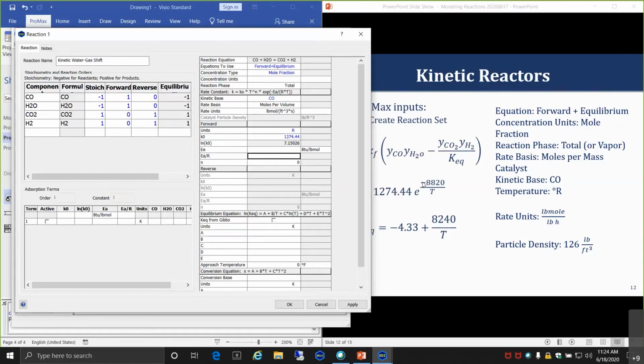This negative term is implicit, and so we actually are just going to put this in as 8820. We need to provide our equilibrium constant. Again, this is in Rankine, and we're using the exact same equilibrium constant that we had before.